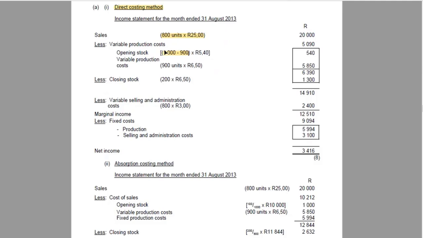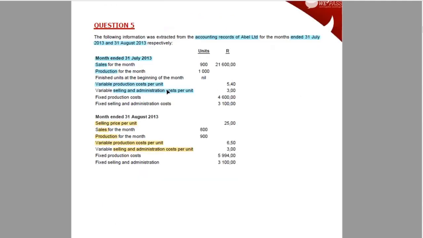All right. Under what method am I in? I'm in the direct costing method. That means that I'm only thinking about variable cost, variable production cost. So last month, what were their variable production costs per unit? Because I've got the opening stock.